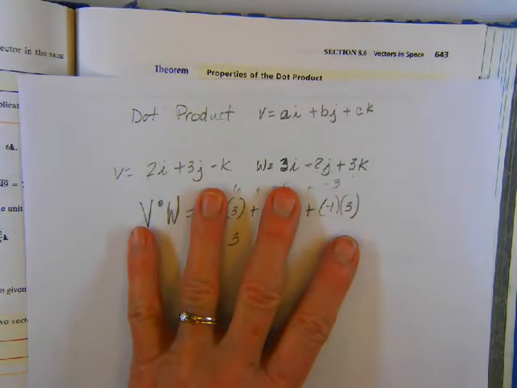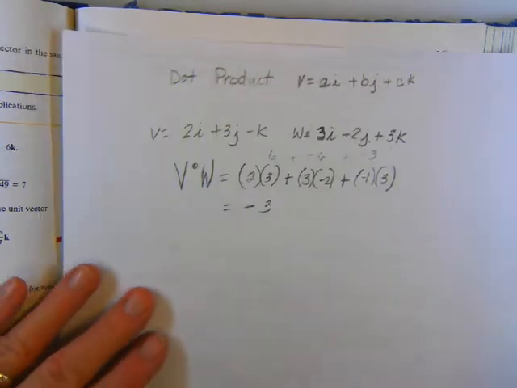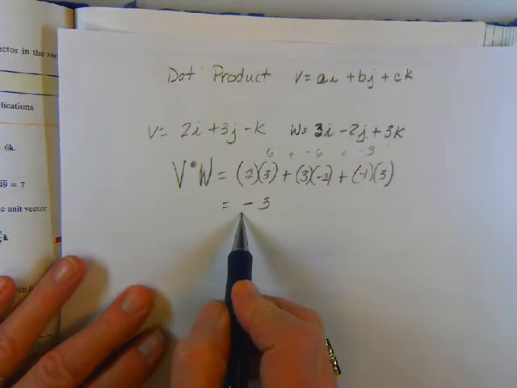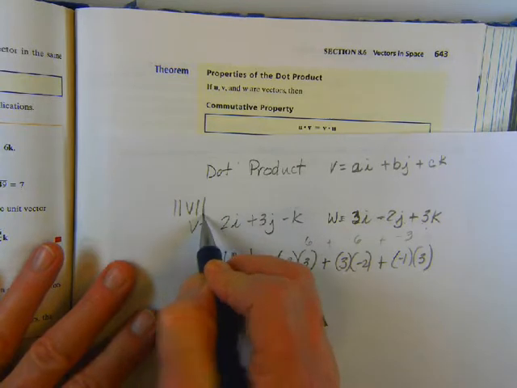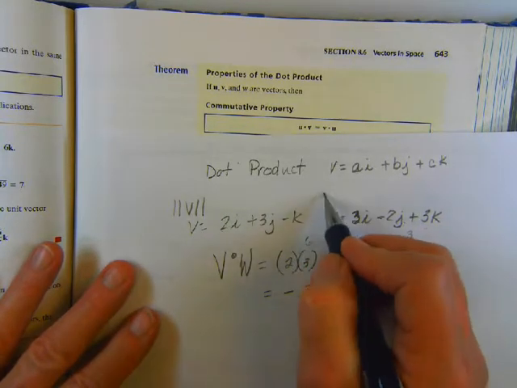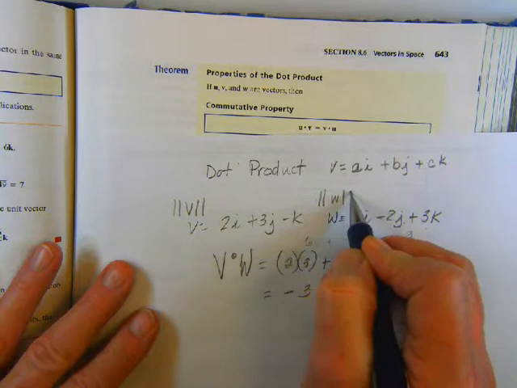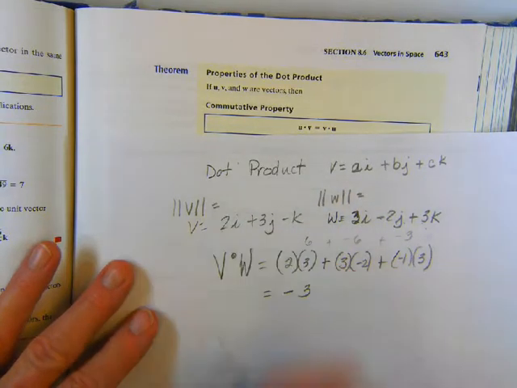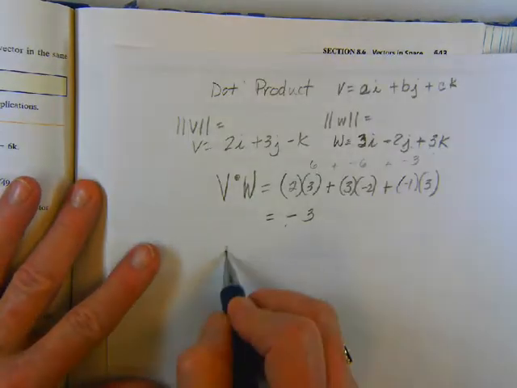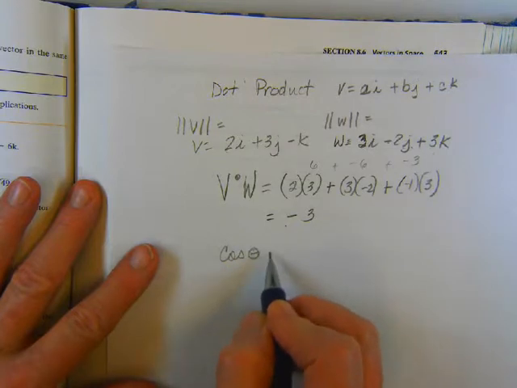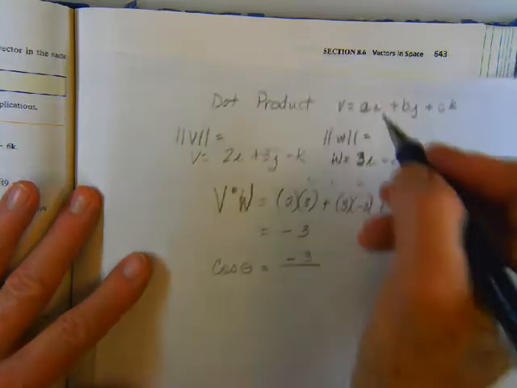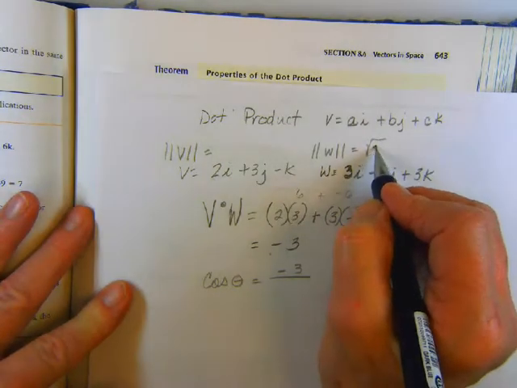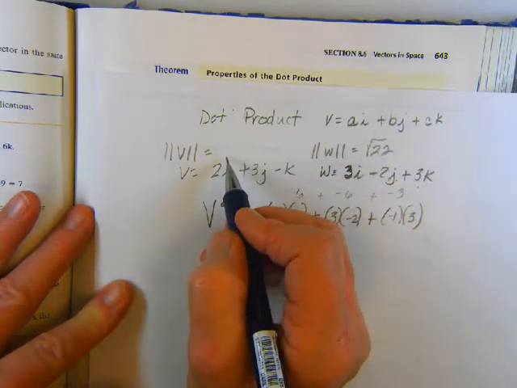So if I was going to find the angle between these two vectors, I know my dot product. I need the magnitude of V. Girls, you find the magnitude of V. Boys, you find the magnitude of W. The magnitude of W is the square root of 22. What about the magnitude of V, girls?